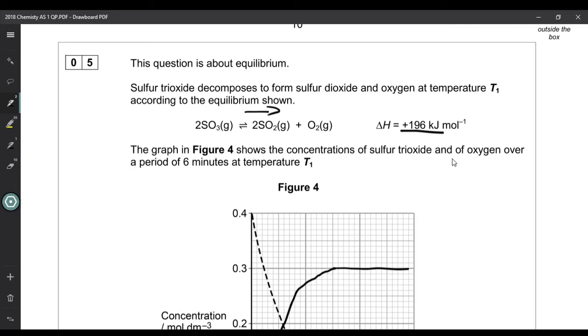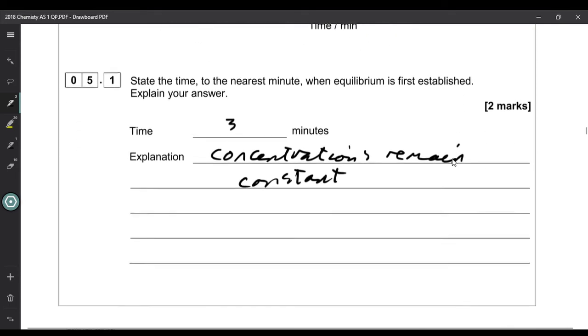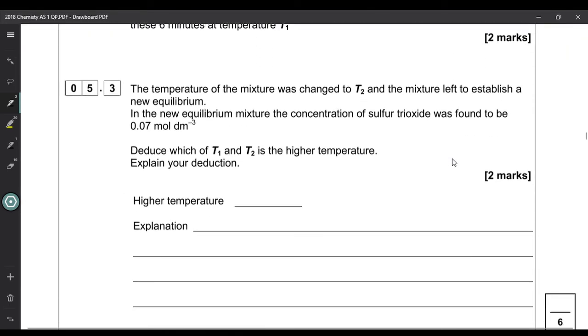Therefore, T2 must be higher. T2, the second temperature, must be a higher temperature because the reaction, to try to combat this, has tried to cool it down by going in the endothermic direction.